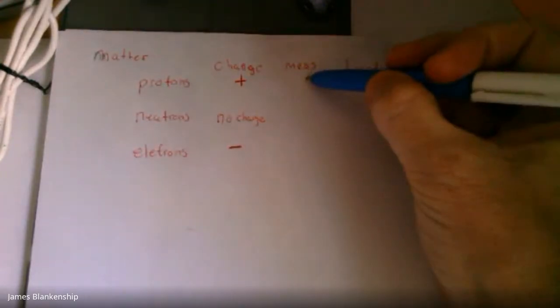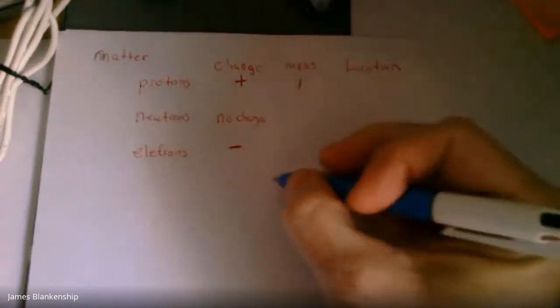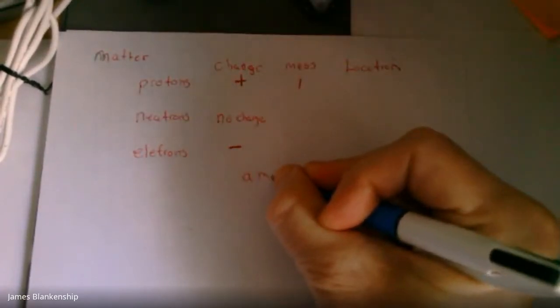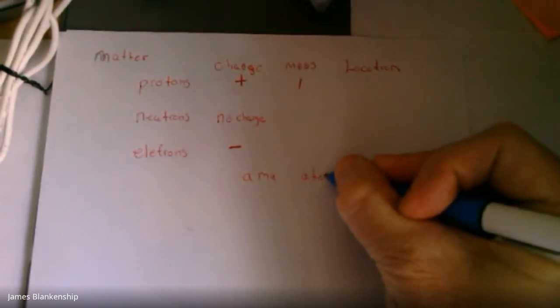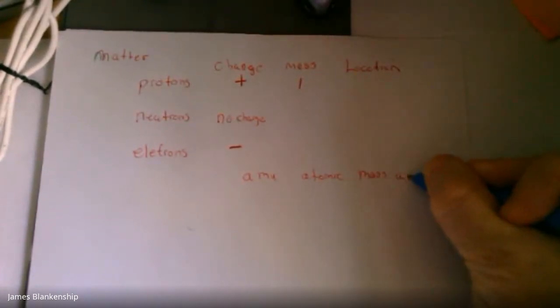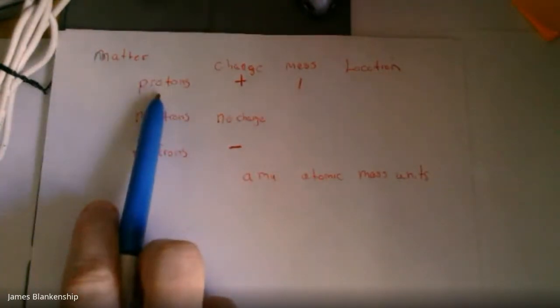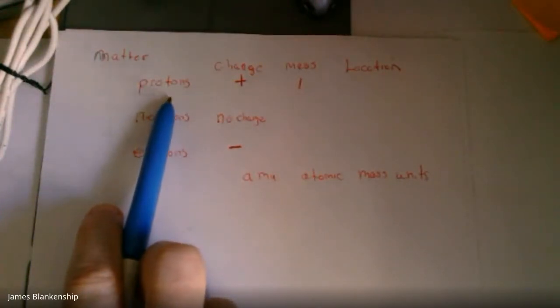Then we come to mass. Now, mass, a proton has a mass of 1. We're talking about AMU, which is atomic mass units. And the more particles that the atom has, the more the atom will weigh.